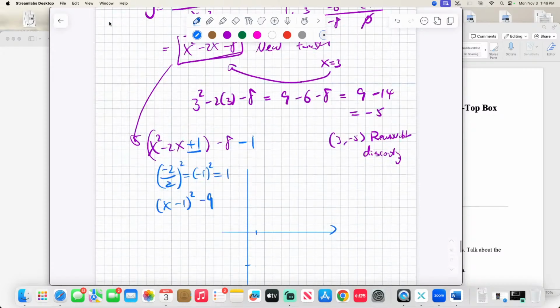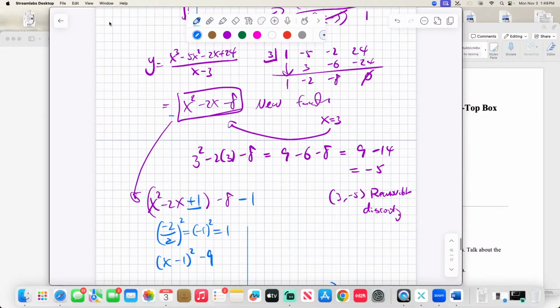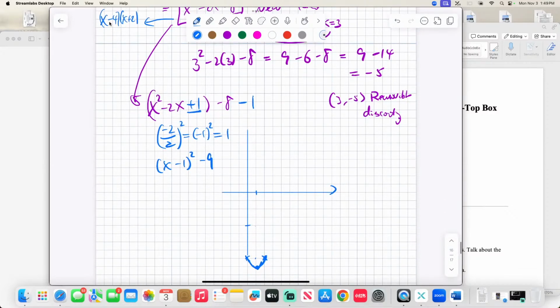Now, what is the y-intercept on the original function? It's at negative 8. So it's right here and right here, this corresponding point. Do you have x-intercepts? If you go back here, I know how to graph this. It's x minus 4 and x plus 2, right? So that's going to be 4 and negative 2.